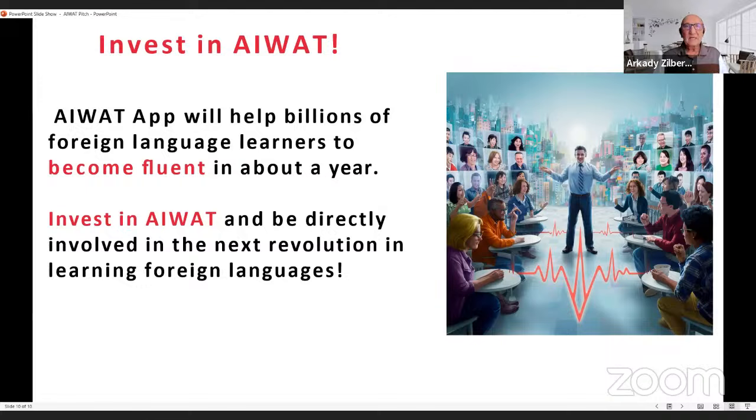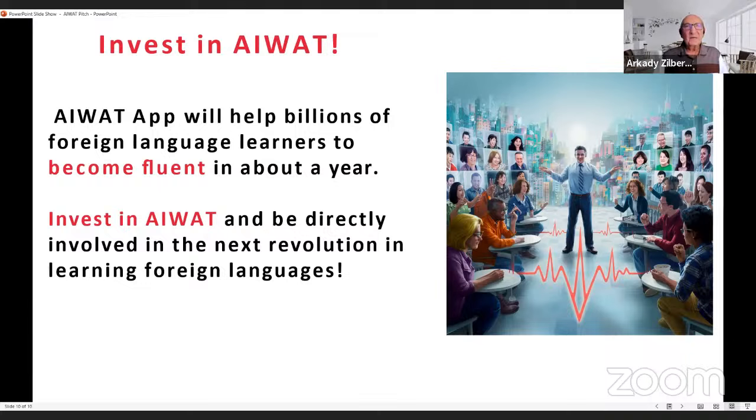Prototype means that all steps are already created. You can learn and use AIWAT in your class tomorrow just by learning this application. And I have a lot of information, and I offer free technical support and free training sessions.